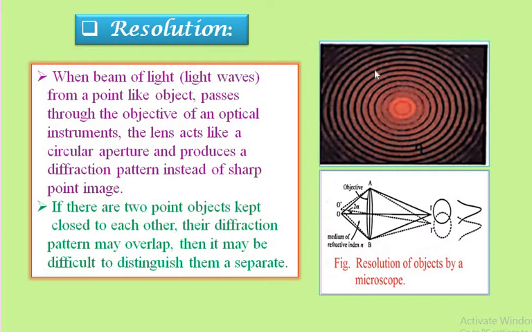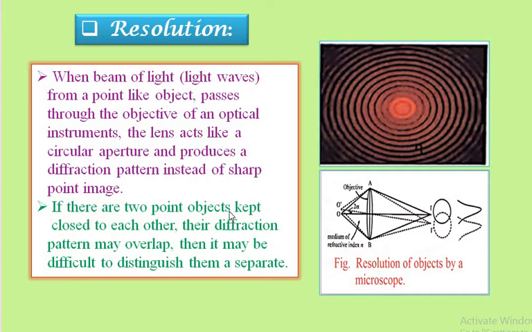Here, a point source is used. A diffraction pattern is observed, as shown in the figure, and the diffraction pattern consists of a central band having the maximum intensity and the secondary maxima. The intensity of the secondary maxima continuously goes on decreasing.